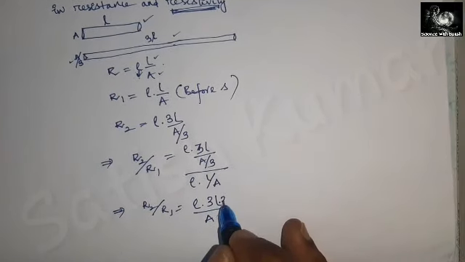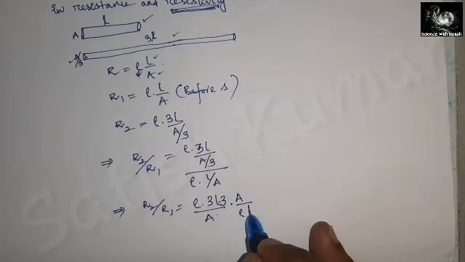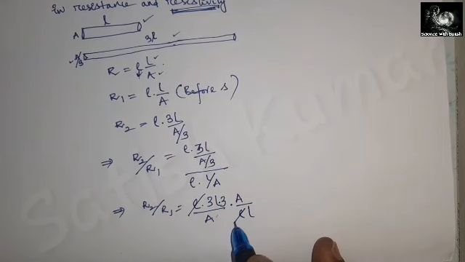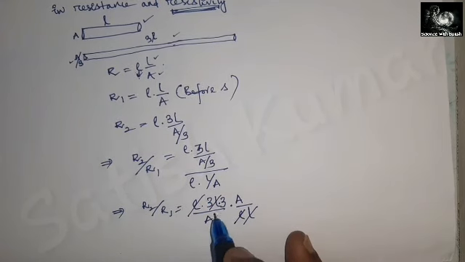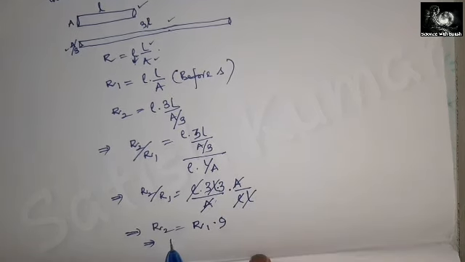By 3 can be kept here into A by rho L. This rho, this L and this A get cancelled. Then R2 is equal to, R1 goes that side, R1 into 3 into 3. So 9 R1 implies R2 is equal to 9 R1.